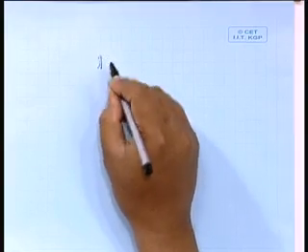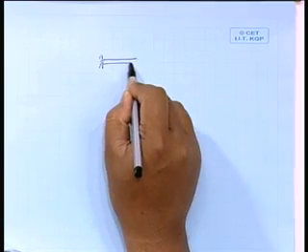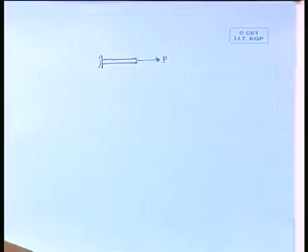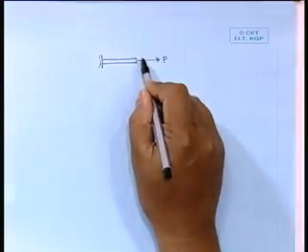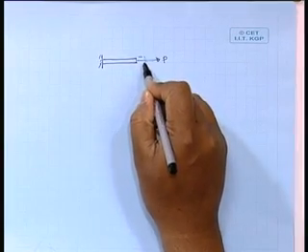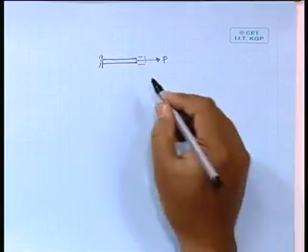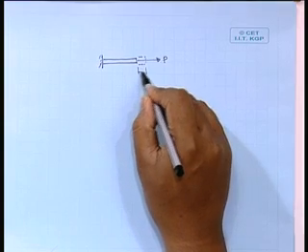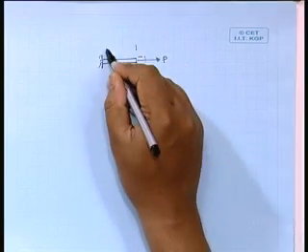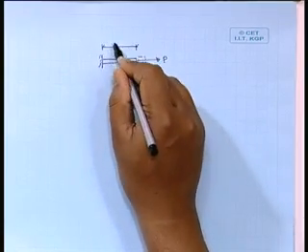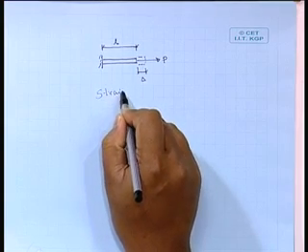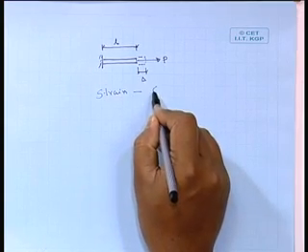If we take the same problem, this bar, and there is a load, we will get some elongation of the member. So, there will be some change in length of that member. If the change in length is say delta, and if the initial length is L, the strain we define as epsilon.